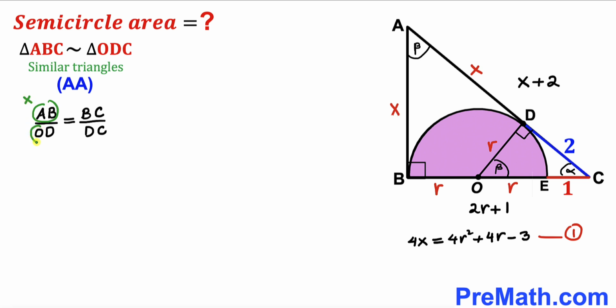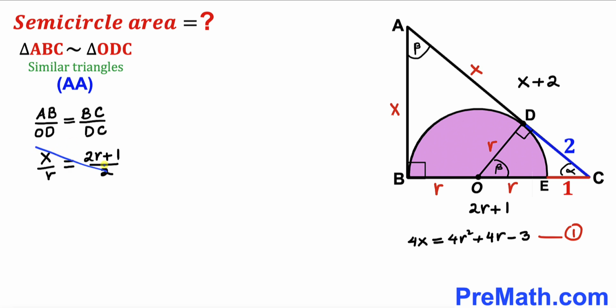Our OD length is simply lowercase r, so I'm going to replace this one with the lowercase r. Our side length BC is this whole side length, which is 2r plus 1, so I'm going to write down 2r plus 1 over here. And finally, this segment DC is 2 units, so I'm going to replace that one with 2 units.